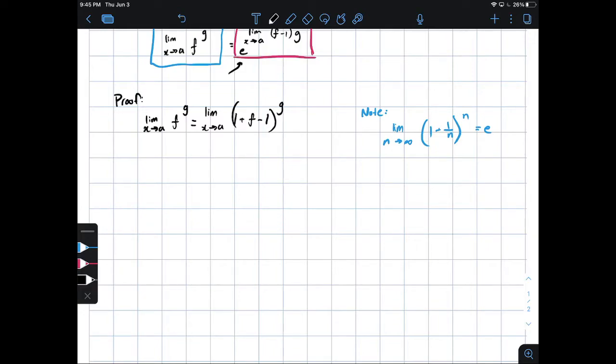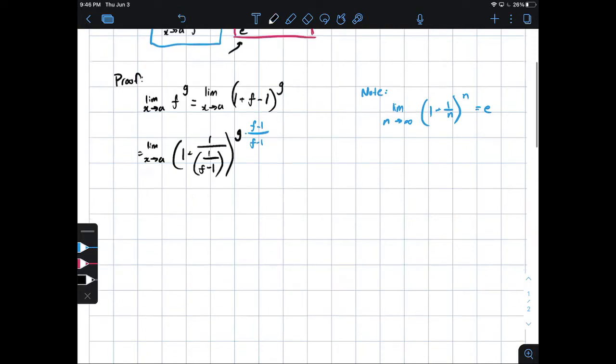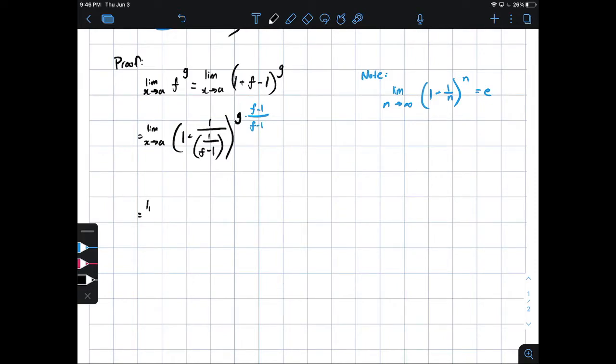So let's rewrite that slightly, and we can say that the limit as x approaches a, 1 plus 1 over f minus 1. That's a bit of a mouthful, but it's not too bad. And we can see that now we're all the closer to the nice e limit. What we could do then is multiply by f minus 1 over f minus 1, which of course is 1, so it's mathematically sound and helps with our manipulation a little bit.